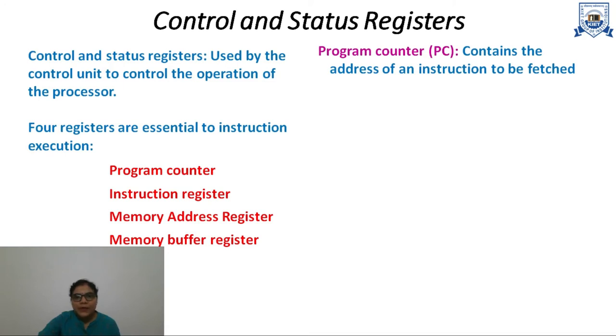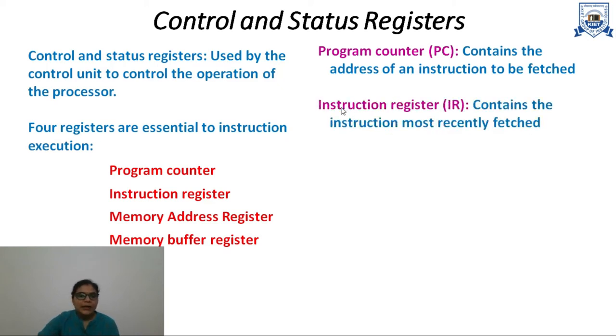So the program counter contains the address of an instruction to be fetched. After fetching the instruction, it keeps that instruction in a register called the instruction register. So the instruction register contains the instruction most recently fetched. Both registers are used for instruction purposes.